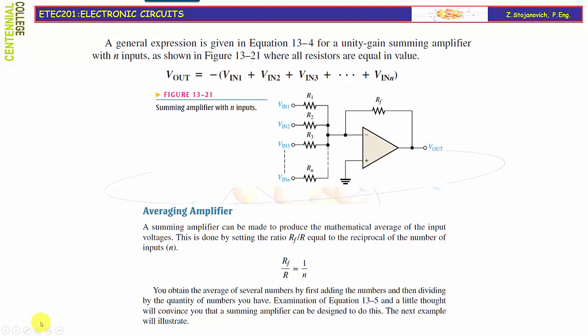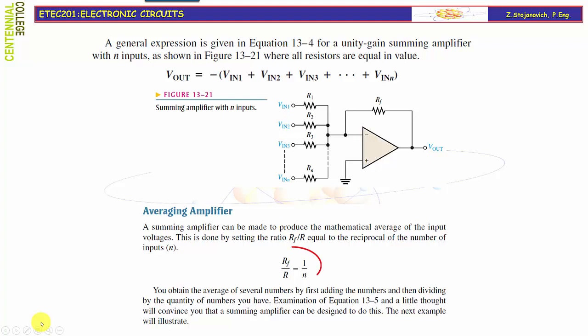A few words about the averaging amplifier. A summing amplifier can be made to produce a mathematical average of the input voltages. This is done by setting the ratio RF, the feedback resistor, over R, the input resistance, equal to the reciprocal of the number of inputs, call it lowercase n.